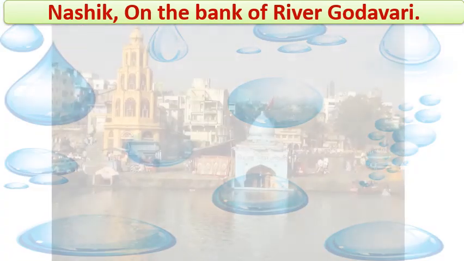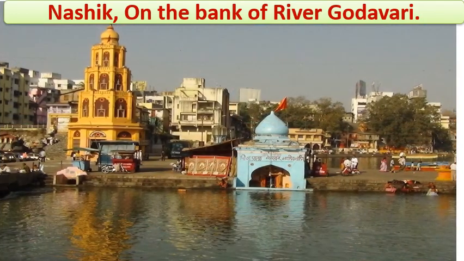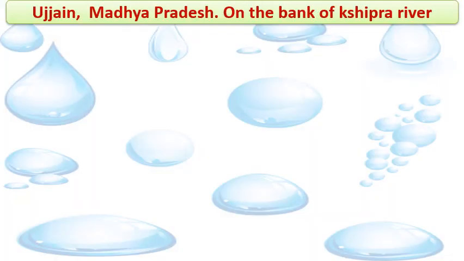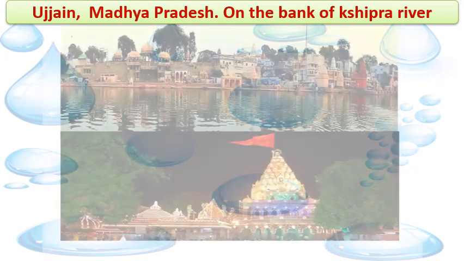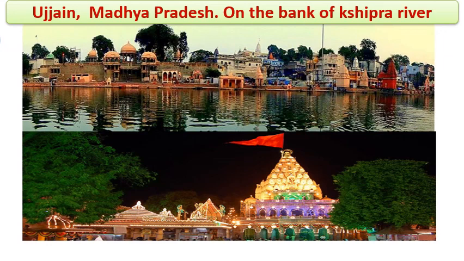Next, Nashik in Maharashtra on the banks of Godavari. Ujjain, Madhya Pradesh on the bank of Kshipra river. See, these are some examples of such ancient cities which are on the banks of rivers, means near to the sources of water.